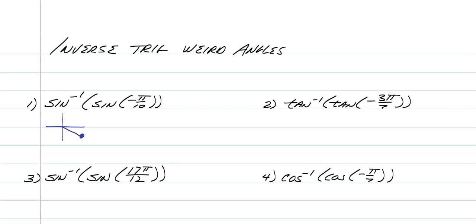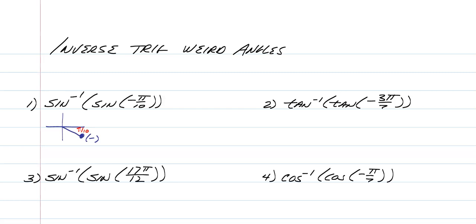So, this is where sine, down here, is negative. So this is going to give you a negative sine value. So, inverse sine of a negative is going to give you the negative reference angle. So your reference angle here, which might be helpful, is just pi over 10.